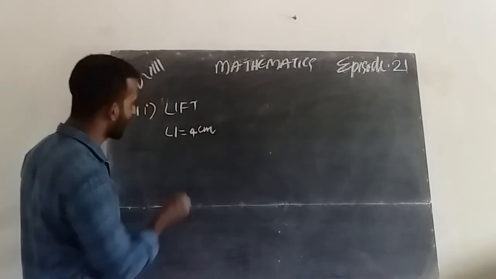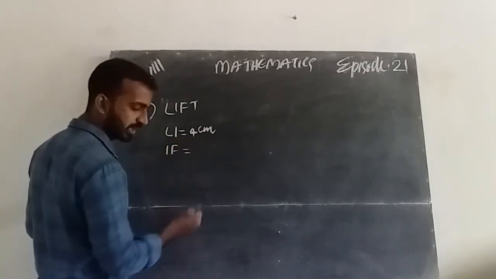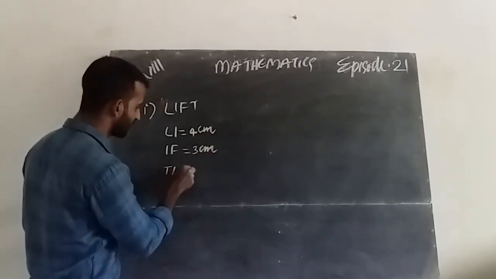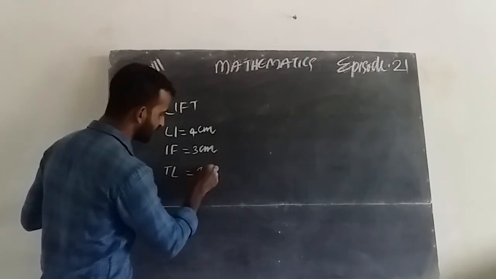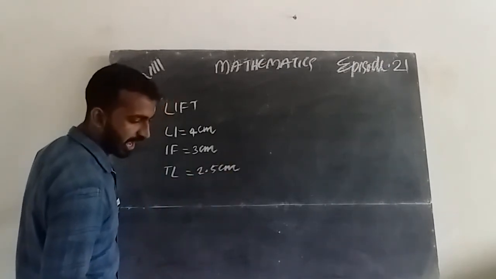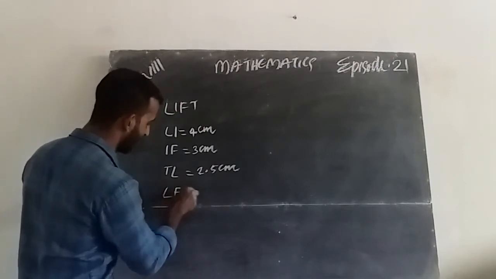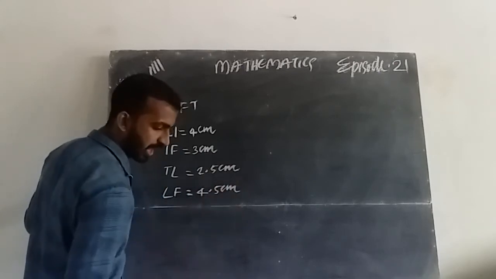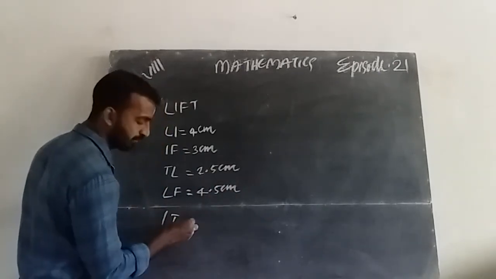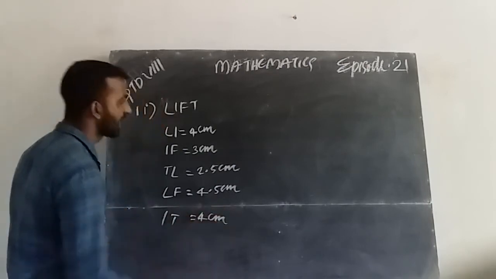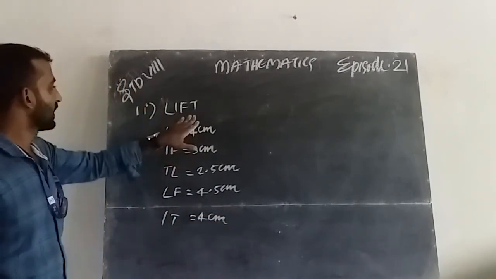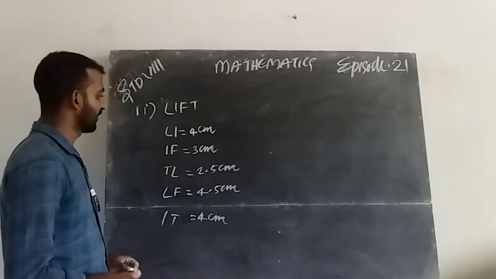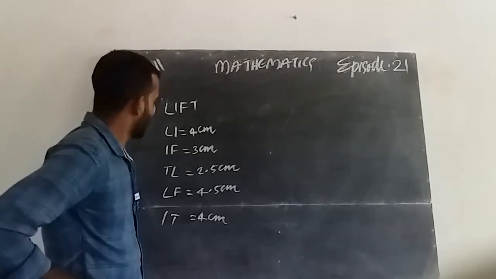LI equal to 4 centimeter, IF equal to 3 centimeter, TL equal to 2.5 centimeter, LF equal to 4.5 centimeter, and IT equal to 4 centimeter. We want to draw the quadrilateral LIFT, that is LI, IF, TL, LF and IT.